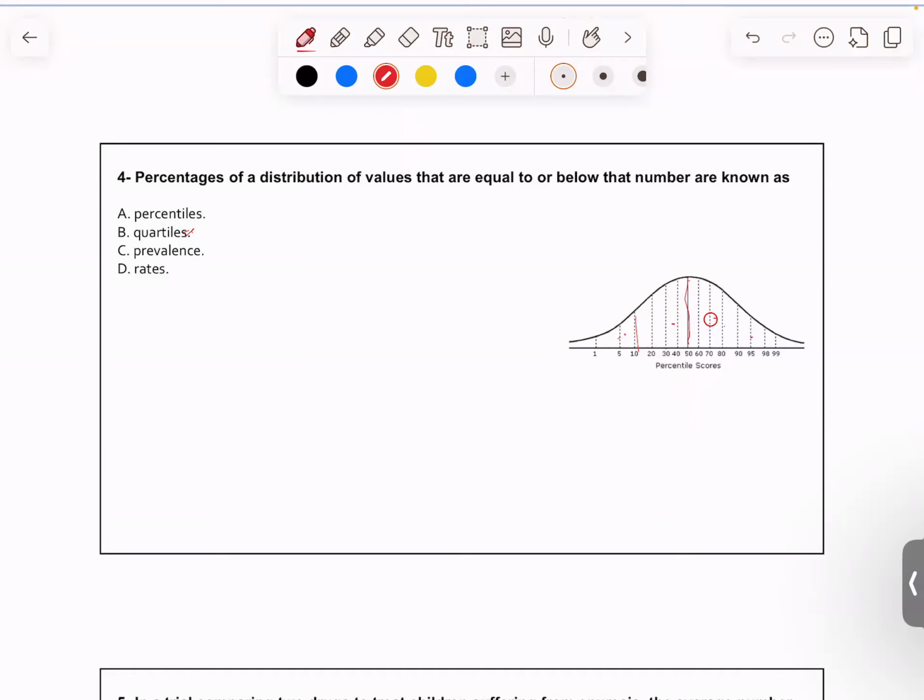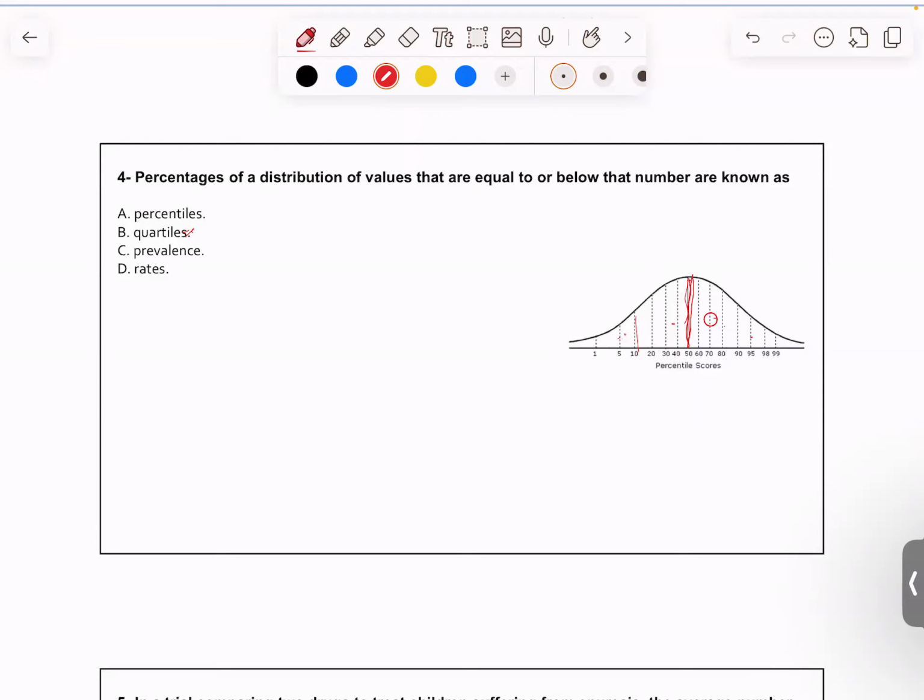The part that says equal to or less than the number means that it expresses the values of the data at this 50th point and everything before it.